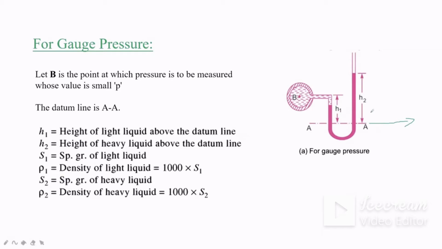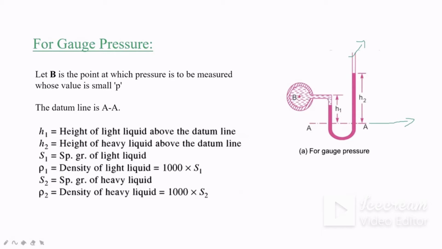Next, H2, the height of the heavy liquid above the datum line. In the right column we will take only the heavy liquid, which should have higher specific gravity.